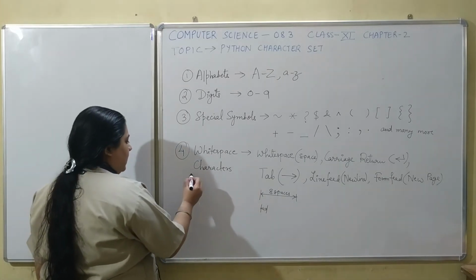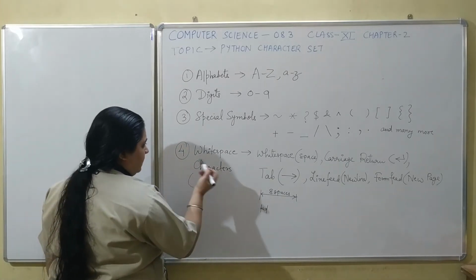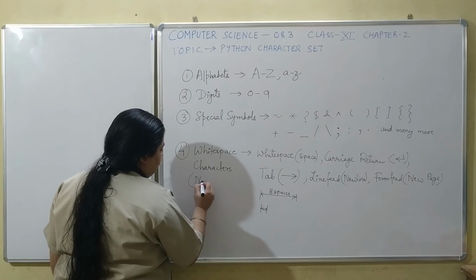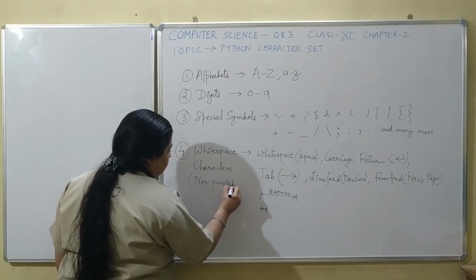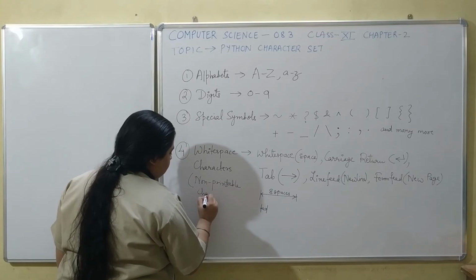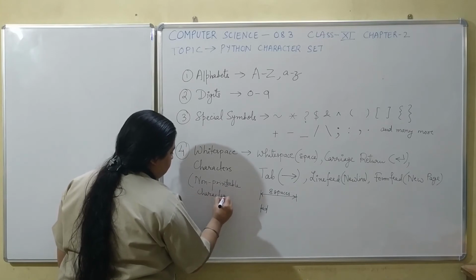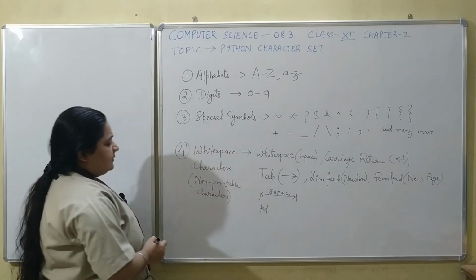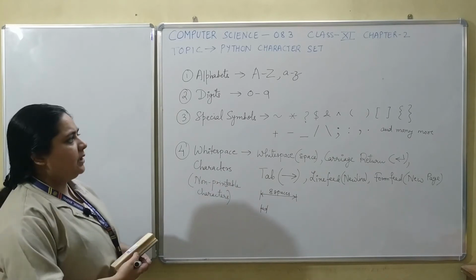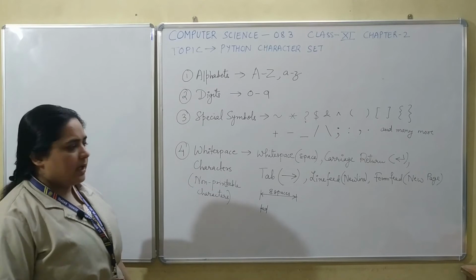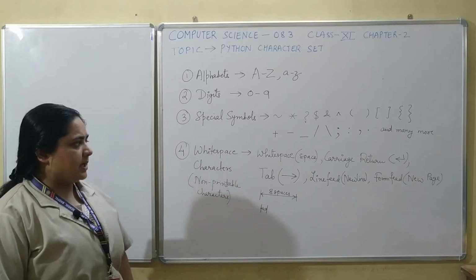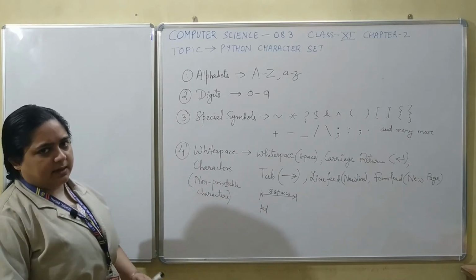And one more way we can understand these characters, that is non-printable characters. That is, these characters don't echo on the screen, they are not displayed on the screen. That is the reason why they are known as white space characters.